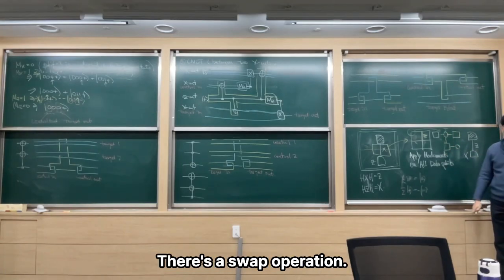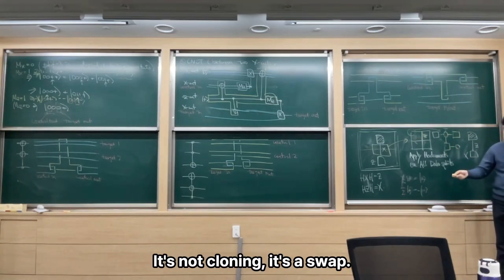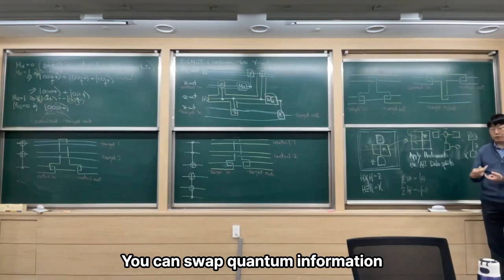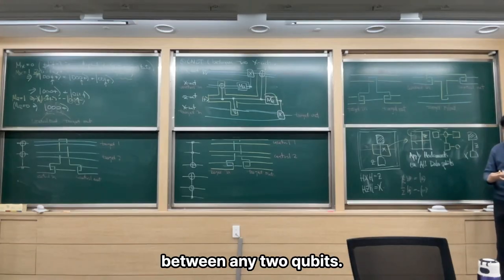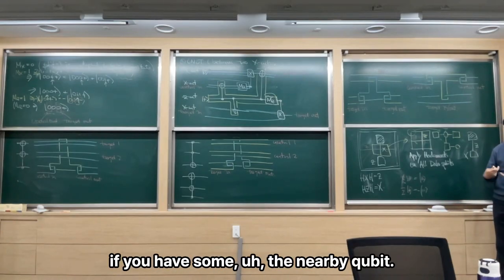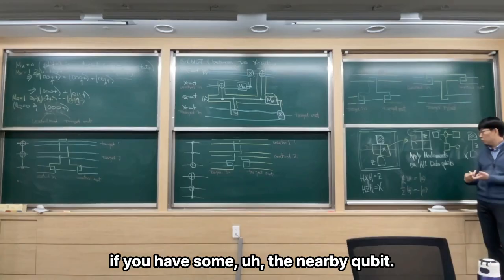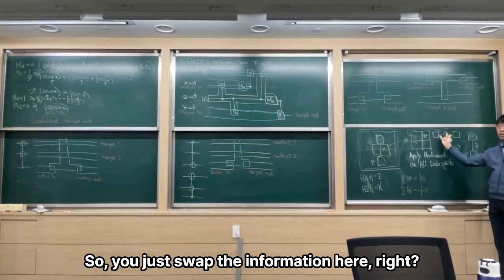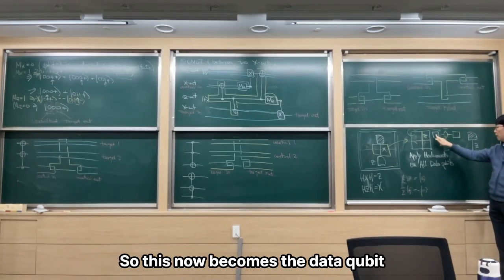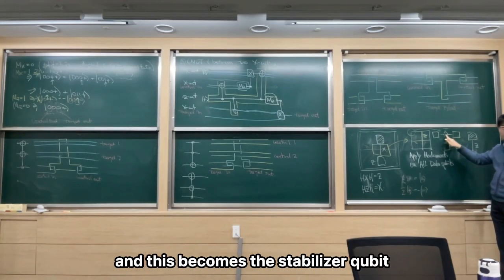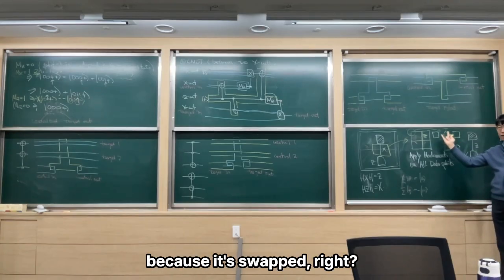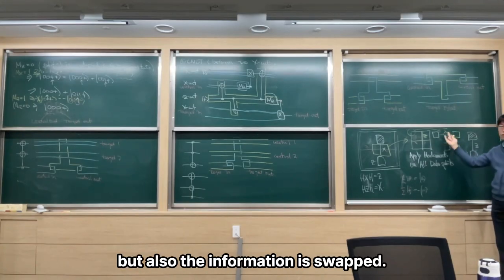There's a swap operation. It's not cloning, it's a swap. You can swap quantum information between any two qubits. Swap operation is always possible if you have a nearby qubit. So you just swap the information here, right? So this now becomes the data qubit, and this becomes the stabilizer qubit because it's swapped. The role is changed, but also the information is swapped.